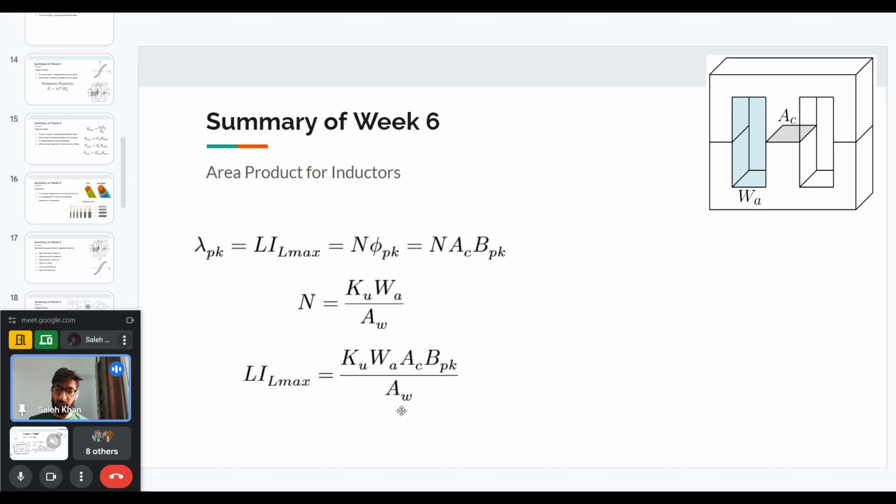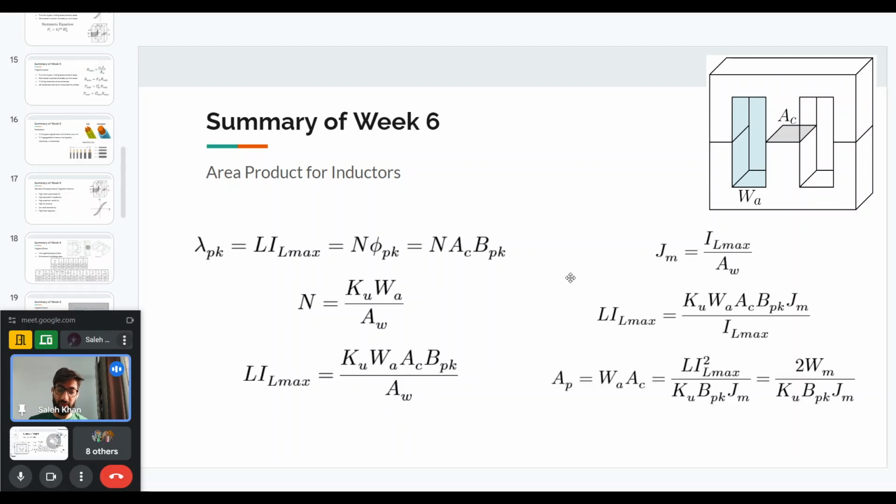Now here we can also eliminate the wire area if we understand that the current will be flowing through this wire area, and then we will get a particular current density.